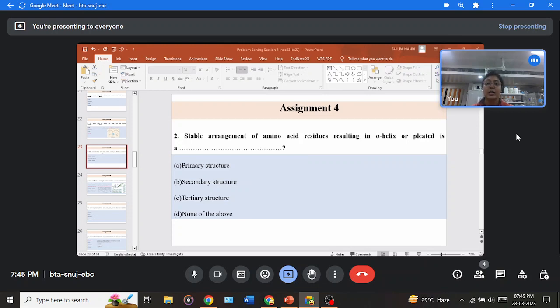You have to see what kind of stable arrangement of amino acids results in alpha helixes or beta pleated sheets. As you know, proteins can be characterized based on their structure as primary, secondary, or tertiary, and also categorized as quaternary structures.